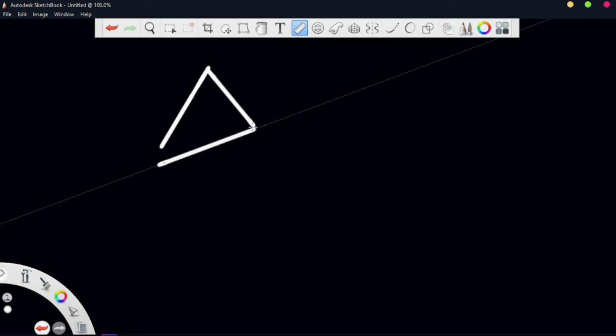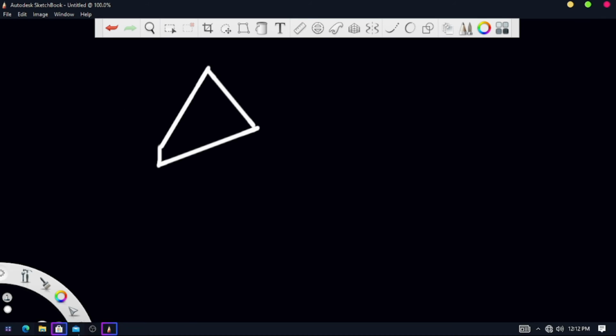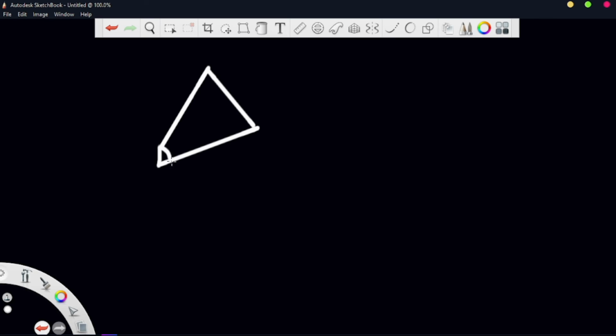I'm just going to include that with freehand. Okay, let's say this is our triangle, though it's not perfect.